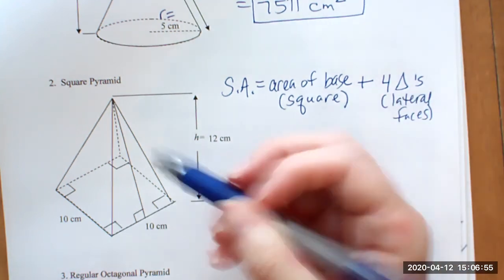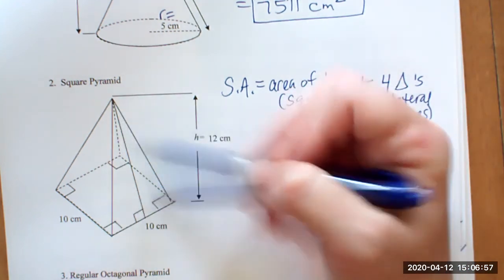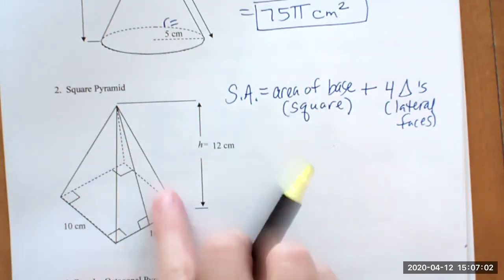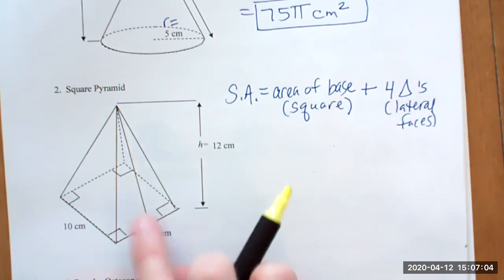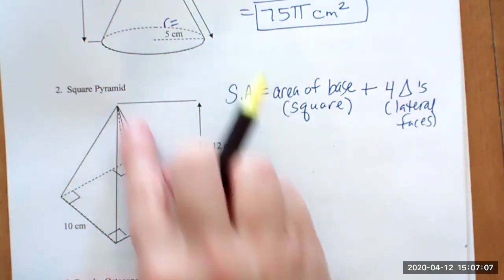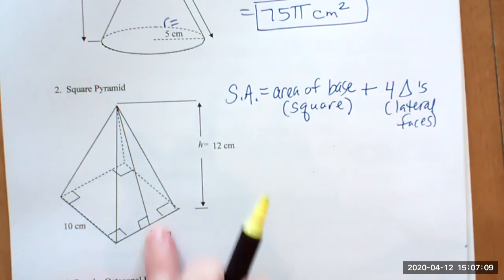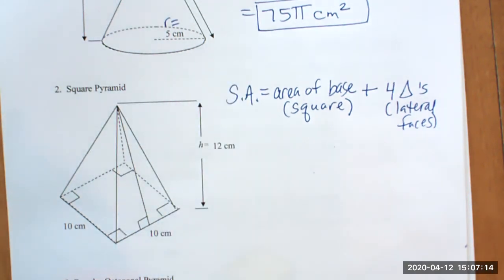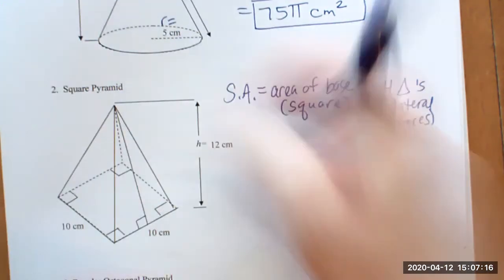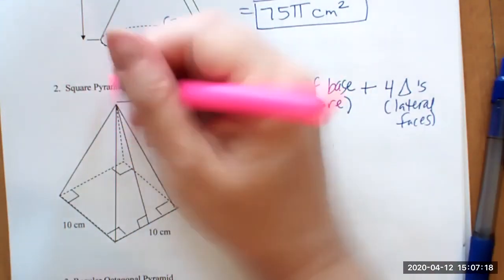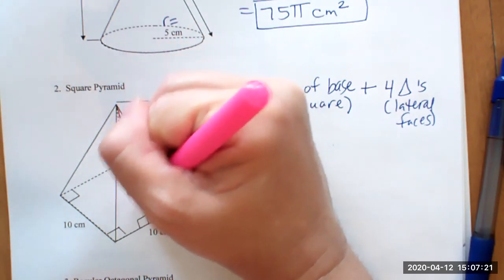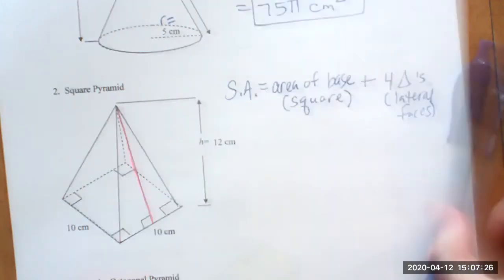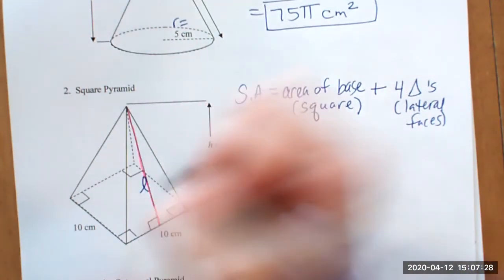Now understand this particular side right here, this triangle right here is broken up into 2 triangles because this line right here represents the slant height. Okay? So this edge right here, this particular line right here, is the slant height. L. And we don't know what that is yet.